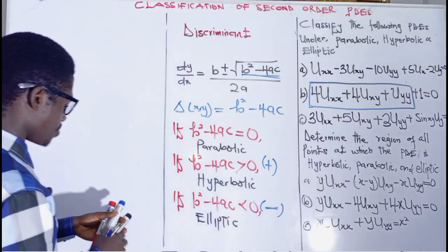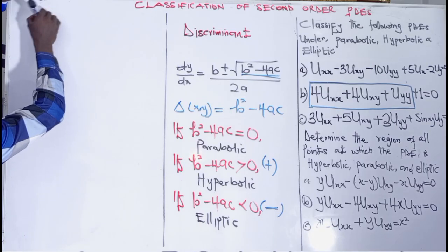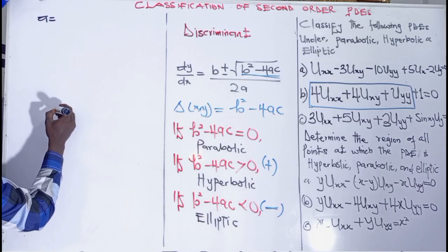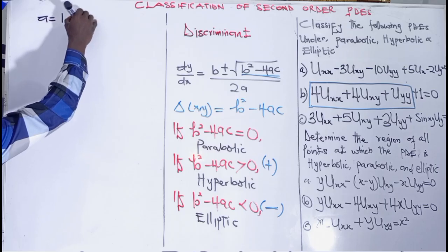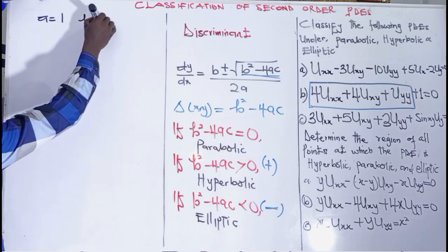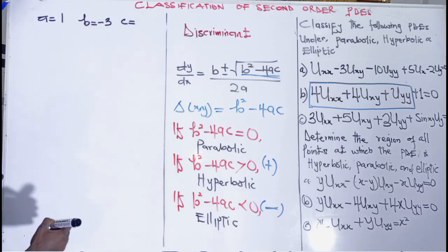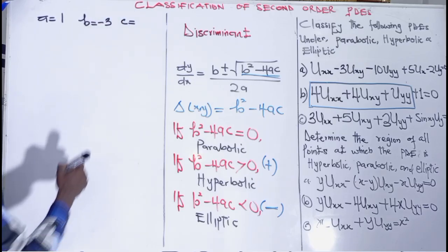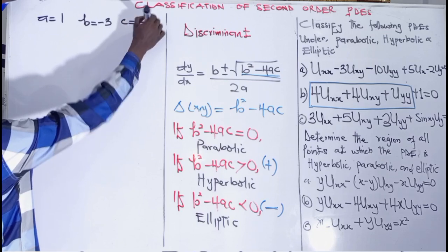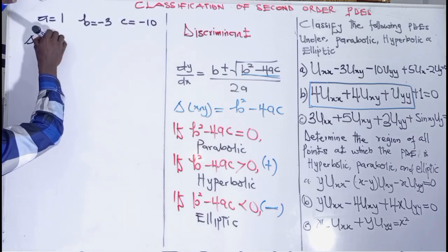So first we have to find our A. Our A is the coefficient of uxx, and that is 1. Our B is the coefficient of uxy, that is minus 3. And then C is the coefficient of uyy, that is minus 10. So once we have this, we plug it into the discriminant.